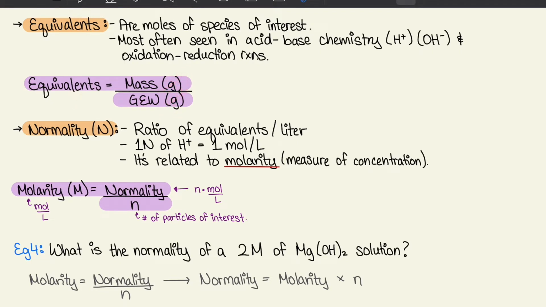Moving on to normality. Normality is usually written with a capital N, and that's the ratio of equivalents per liter. So 1 N of hydrogen ion is equal to 1 mole per liter. It's related to molarity, the measure of concentration.